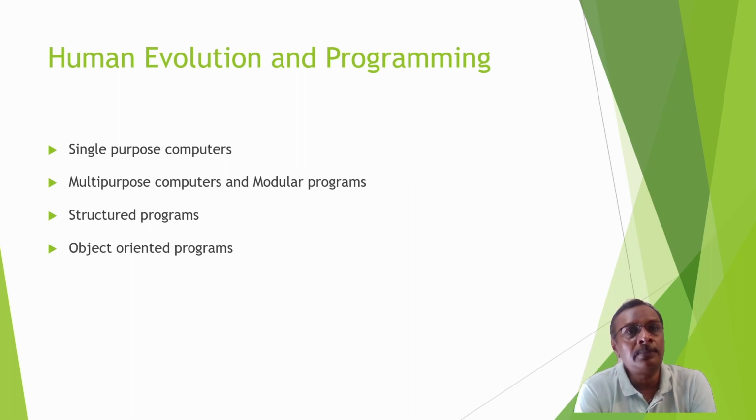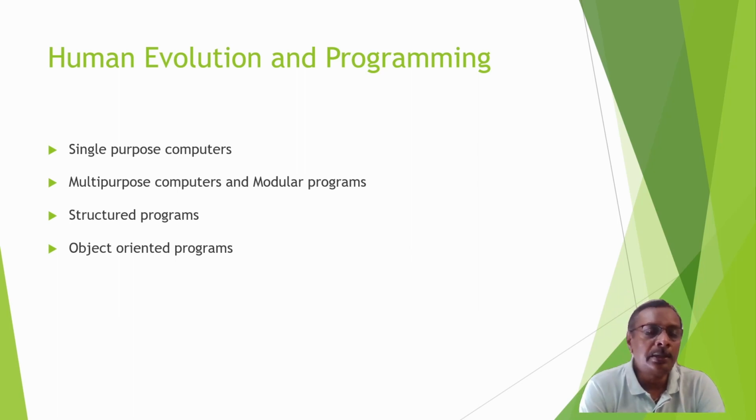Today's programs are mostly object oriented, and it was designed in such a way that it will be easy for us to command and control. It will be easy for us to say, hey, take that object, put it here, take this object, throw it away, like that. So that is where object oriented programs come into place.